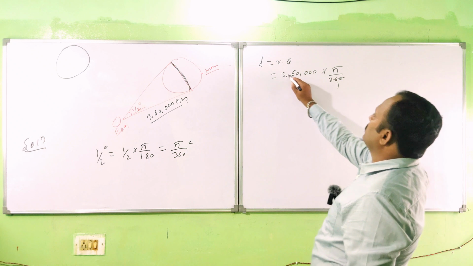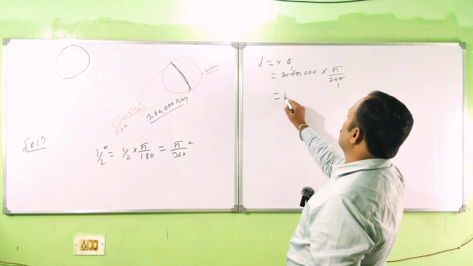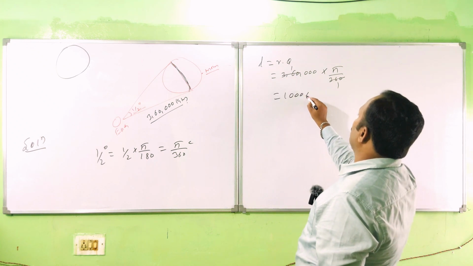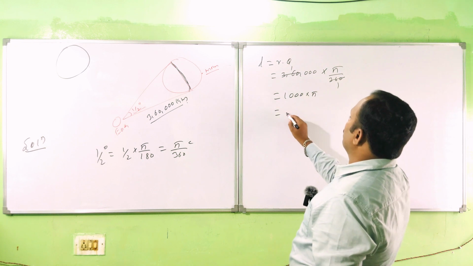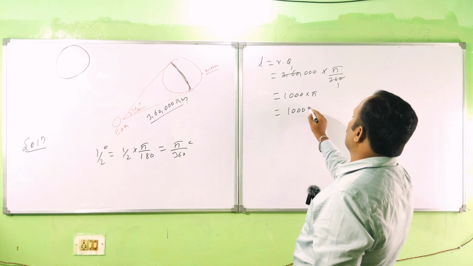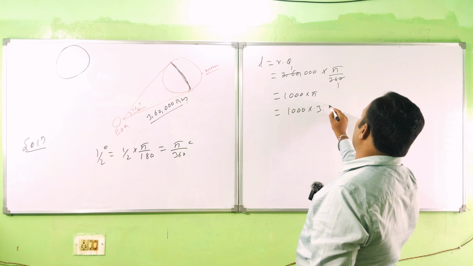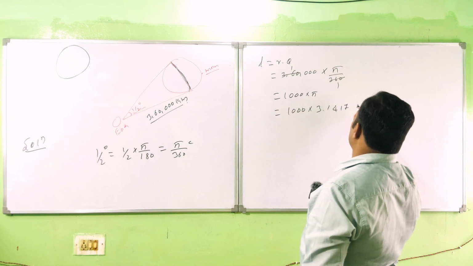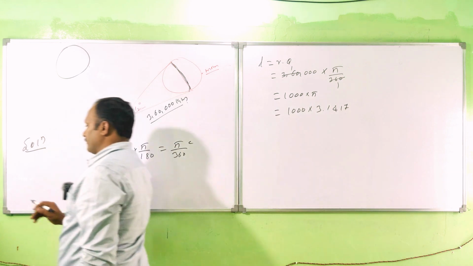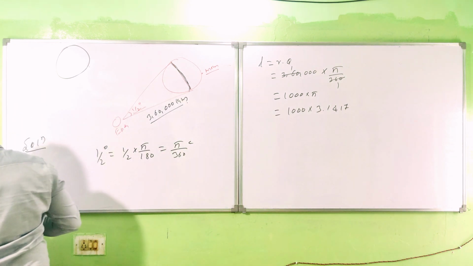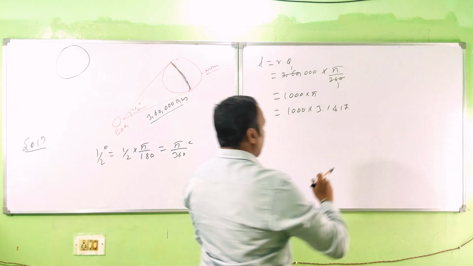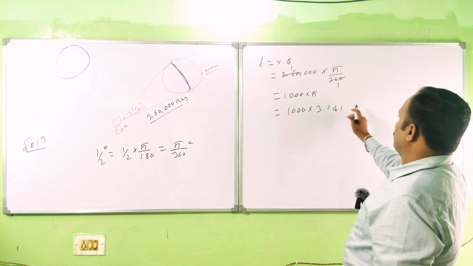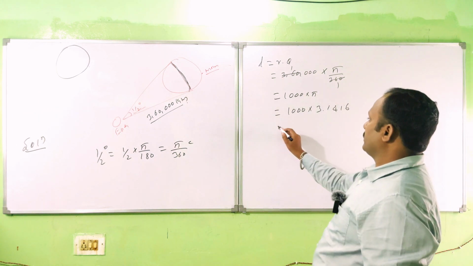360 ones are 360, remaining is 1000 into pi. What is the value of pi? 1000 into 3.1416.